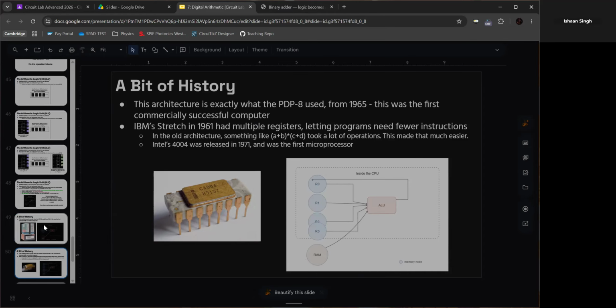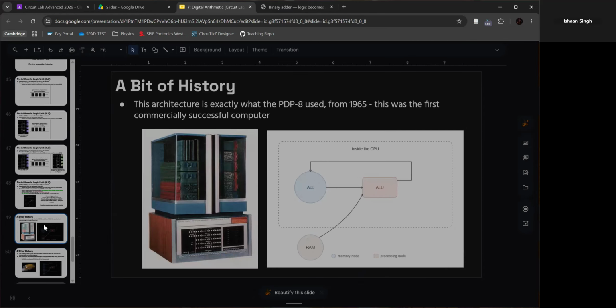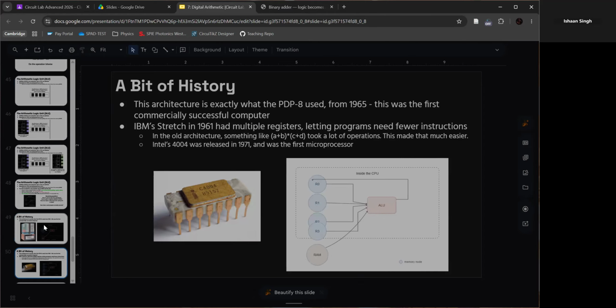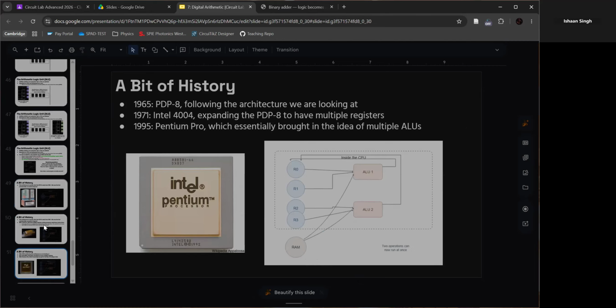The first microprocessor, so this is like a big computer. I think it's like $20,000 at the time. This is just a chip, this Intel thing on the left, Intel's 4004. Beyond that, the Pentium Pro in 1995 essentially brought about the idea of multiple ALUs. Again, this is an abstraction over what's actually going on.